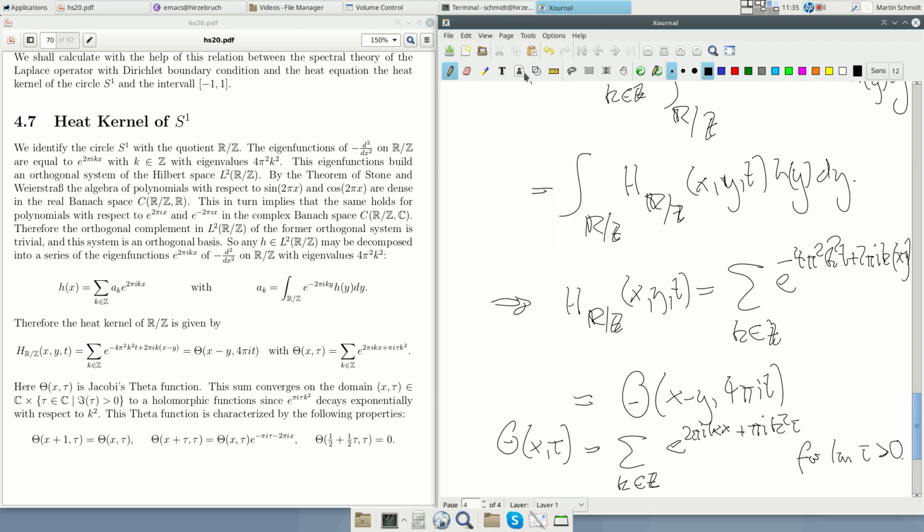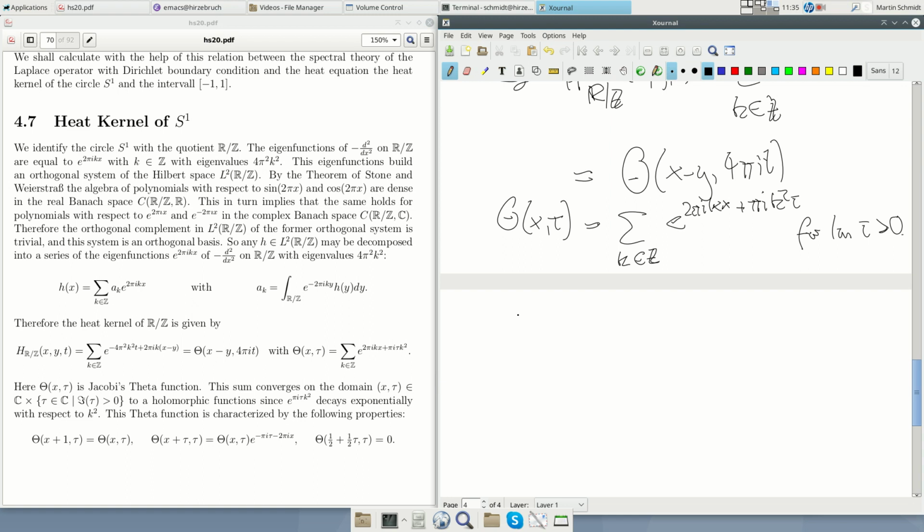If the imaginary part of tau is positive, then the real part of πi tau is negative. So this exponentially decreases here, and so this clearly converges.